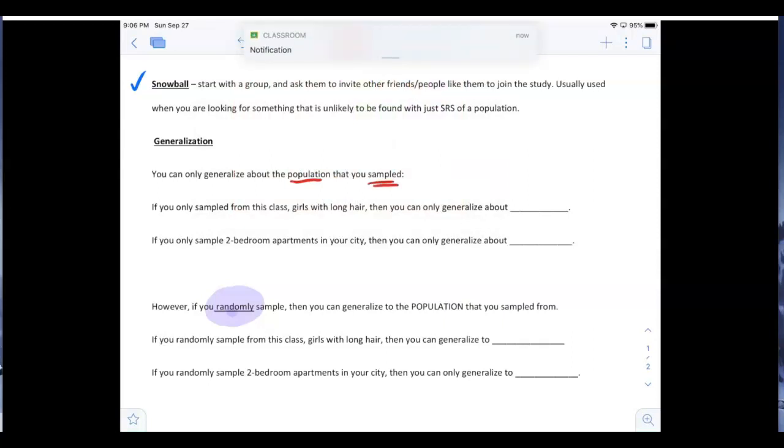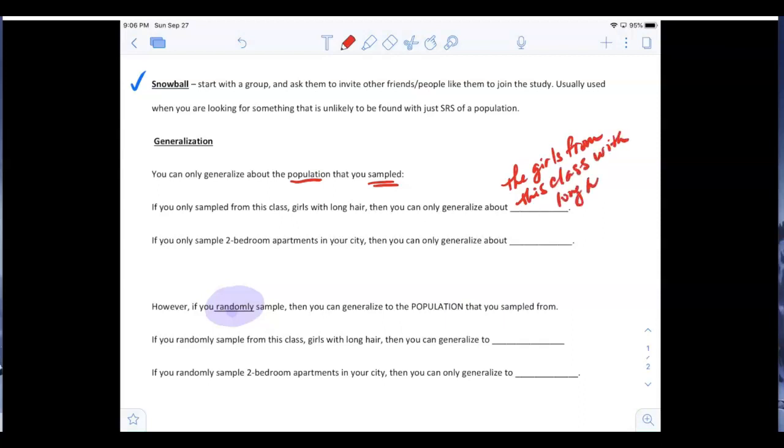Okay, so if you only sampled from this class, girls with long hair, then you can only generalize about the girls from this class with long hair that were sampled.